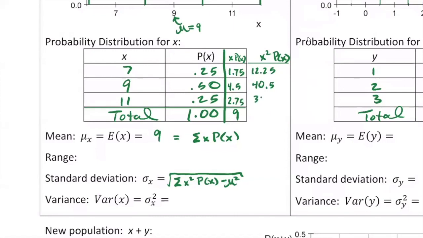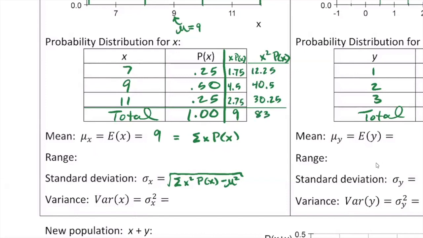I'm going to add those up. Okay, anybody get that? I'm going to have you guys computing along with me if you don't mind. 83. Thank you so much. Okay, so that adds up to 83.